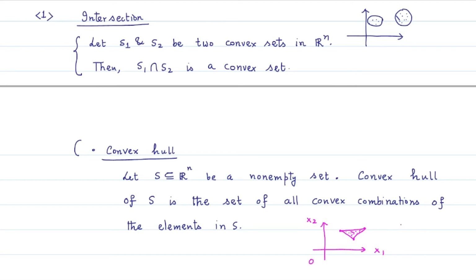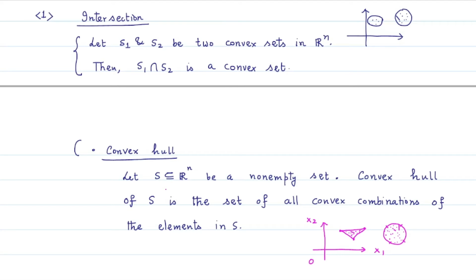If I consider the points on a circle in the R2 plane, then we'll find that the convex combination of all the points in this circle is this entire disk type region, the set of all points lying on and inside this circle.